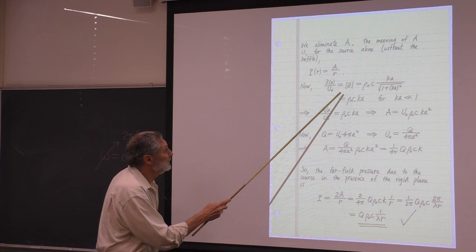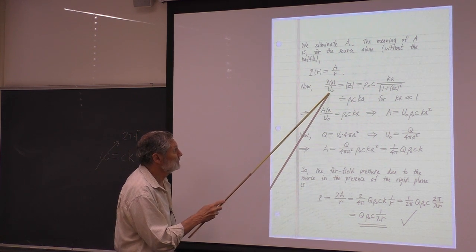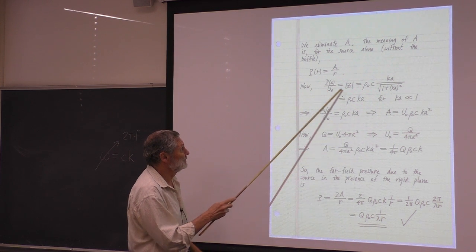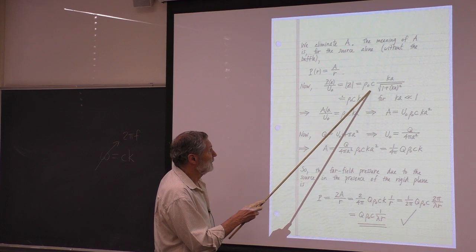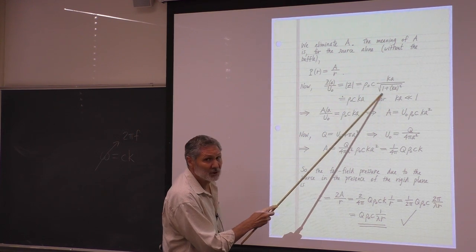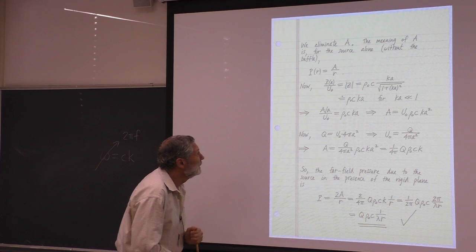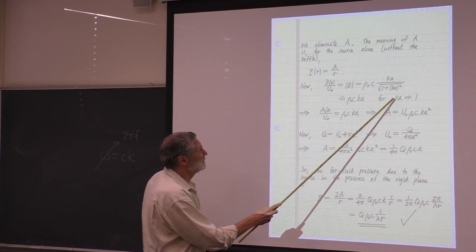So we look at the impedance. I know that the impedance here, in terms of amplitudes, evaluated at the surface of the sphere, is going to be the modulus. So it's going to be rho naught c times the cosine of theta, where this is like we saw before. This is the cosine of theta. And now, don't forget, we're in the small source limit. So ka is going to be much less than 1.